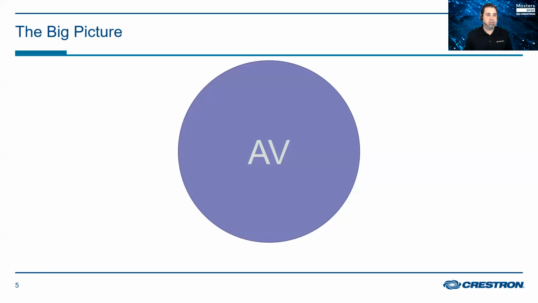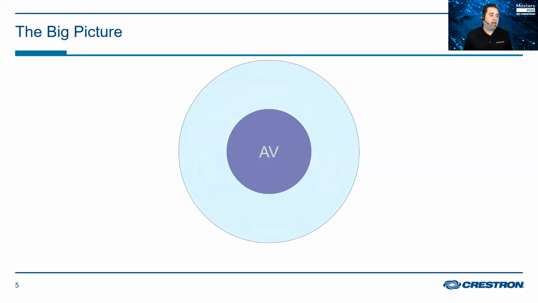And I encourage you to continue to challenge what that means in the future. For instance, one of Crestron's fastest growing categories is scheduling. Is that AV? How about reporting whether a room is occupied or not? Is that AV? So the definition of what AV is certainly continues to evolve.